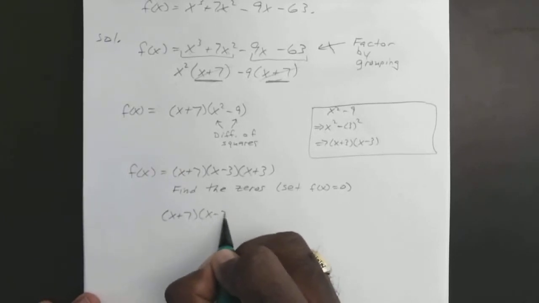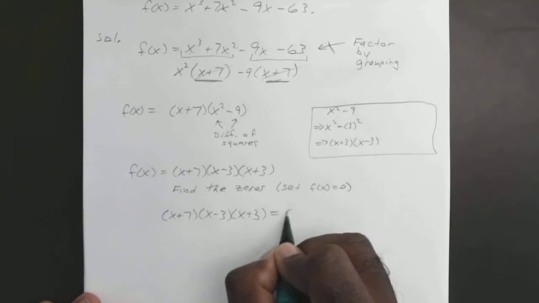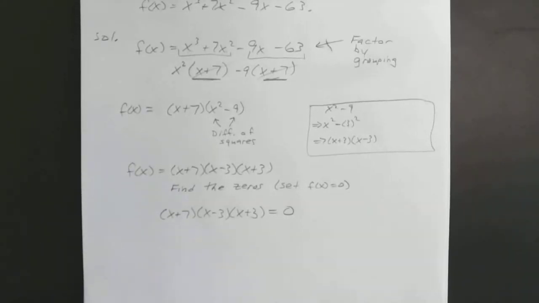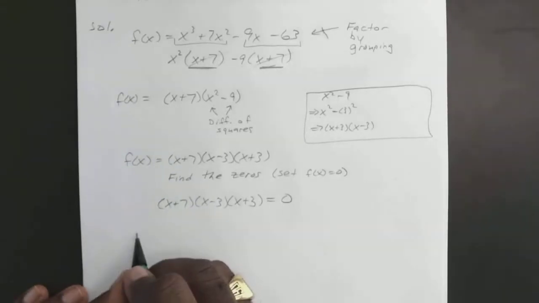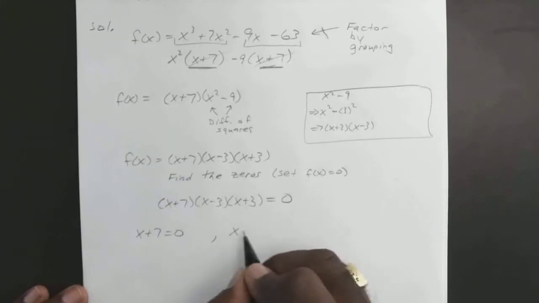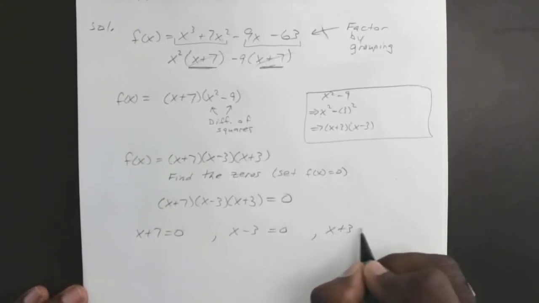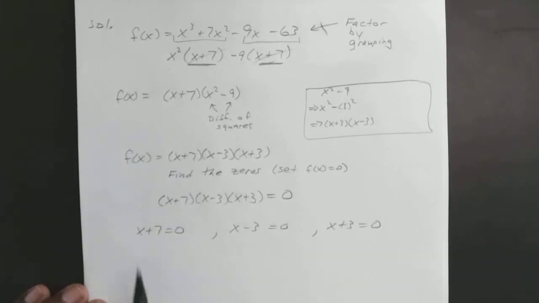So that means we have x plus 7 times x minus 3 times x plus 3 equals 0. Okay, so we get each one of those, set those to 0, and we'll have our zeros. Saying 0 an awful lot. So x plus 7 equals 0, x minus 3 equals 0, and x plus 3 equals 0.